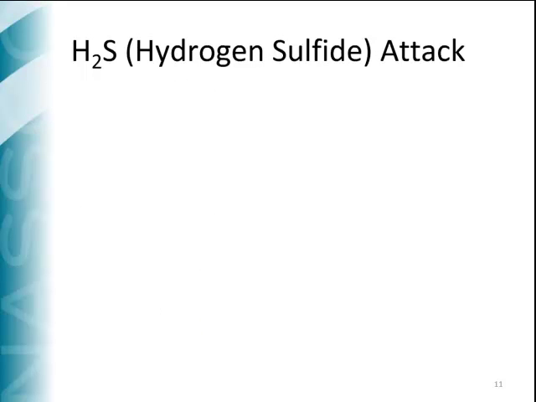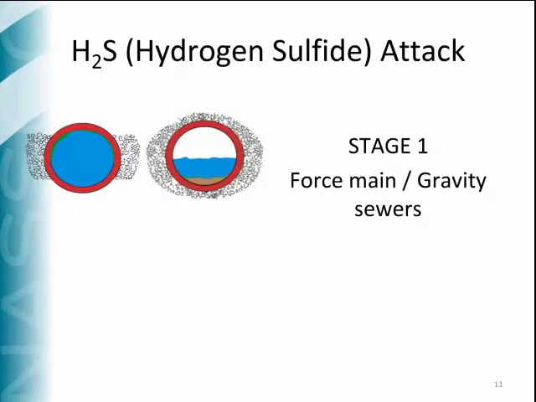Hydrogen sulfide attack in pipelines is represented in 2 sequential stages. Sulfides are generated under the absence of oxygen within a pipe. This is a condition we call anaerobic. Force mains generally flow full with little aeration and are likely points for sulfide generation. Sulfide is also generated in flat gravity sewers with very laminar flow, which allows anaerobic conditions at the bottom of the pipe.